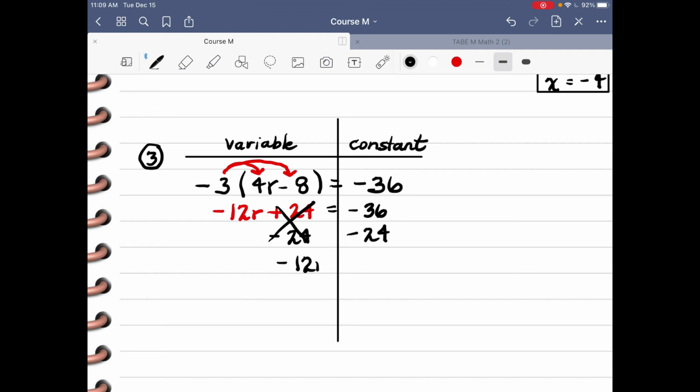So I'm left with -12r, and then -36 minus 24 is -60. Then divide by the coefficient, the -12, and I am left with r equals +5 as my solution.